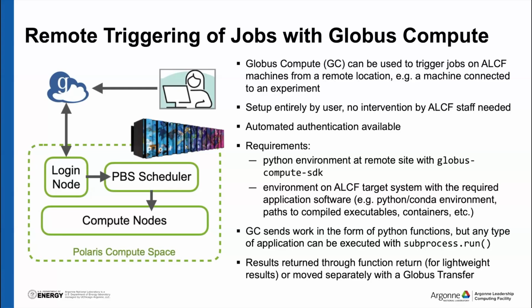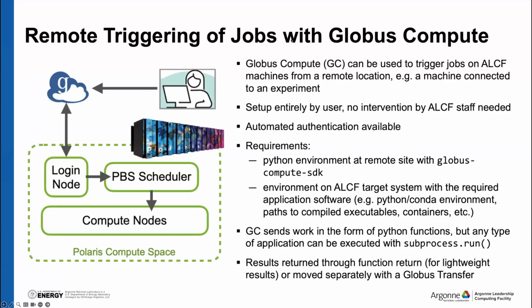So Globus Compute specifically is a tool for triggering jobs at a remote location. So say you have your computer at your experiment. Here is a scientist working away outside of the ALCF compute space. And this scientist wants to send work to Polaris.